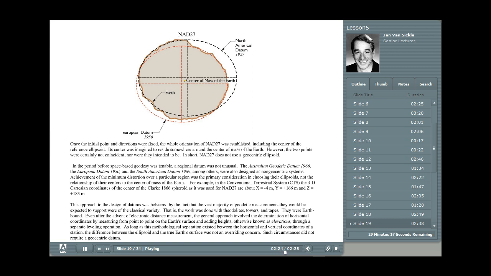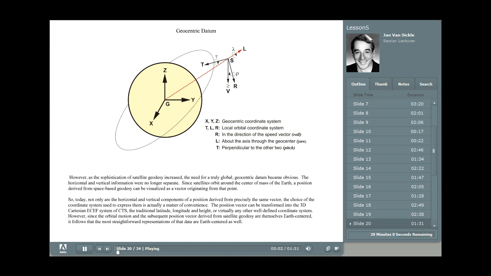And for this whole time, there was this separation between the idea of horizontal and vertical coordinates that to some extent still continues. Obviously, the Earth-centered, Earth-fixed XYZ coordinates don't have such a separation.